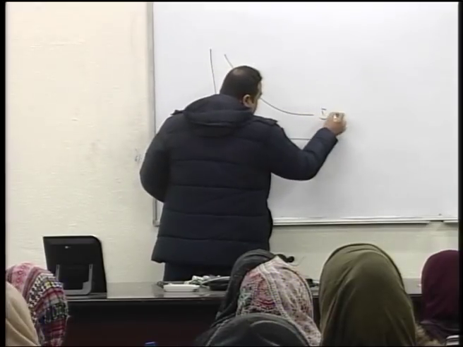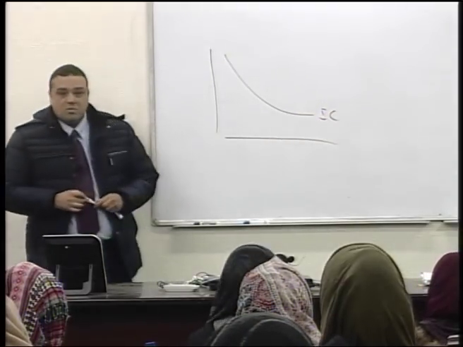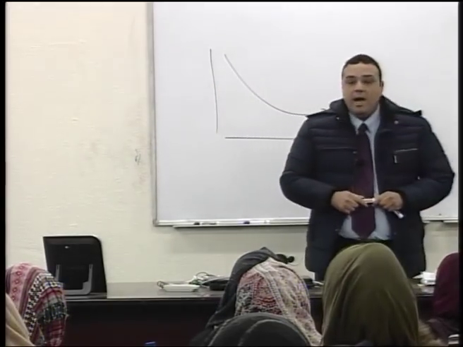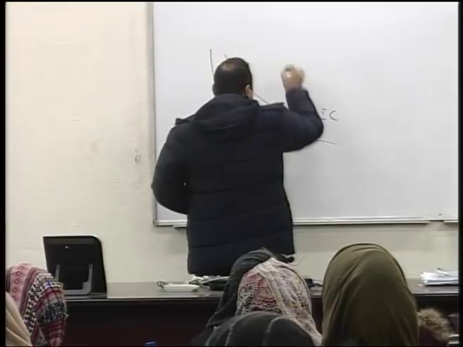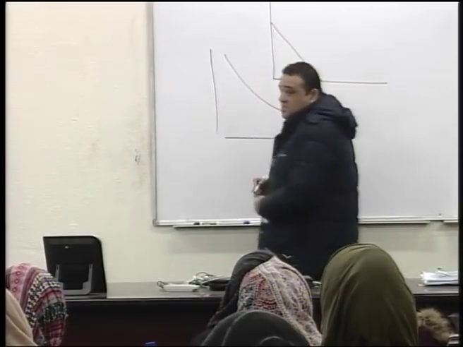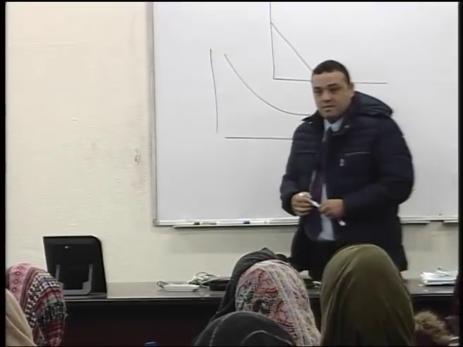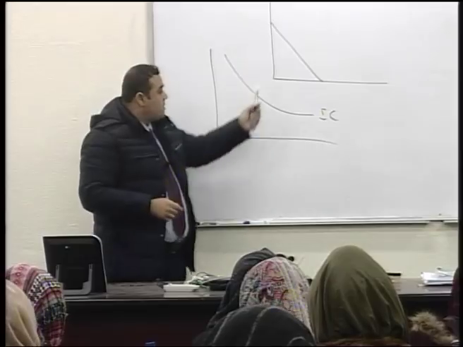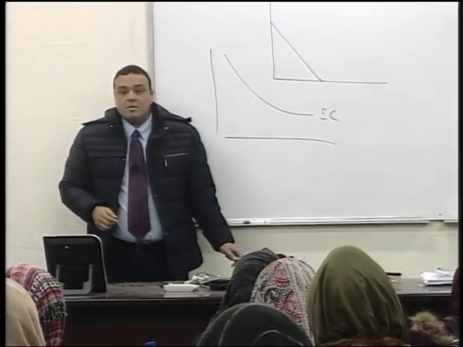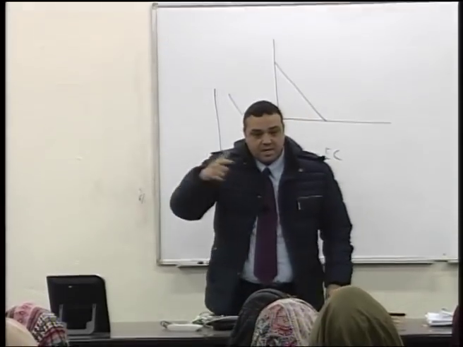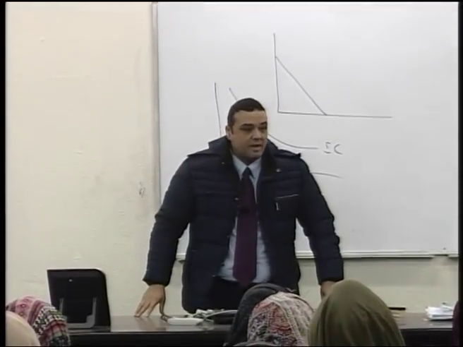The budget line represents the ability to buy something, which can be derived from the consumer income and the prices of X and Y.